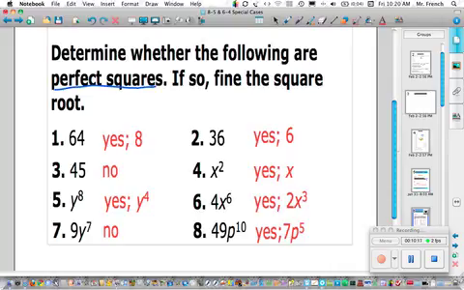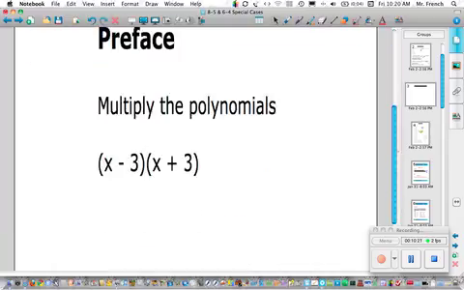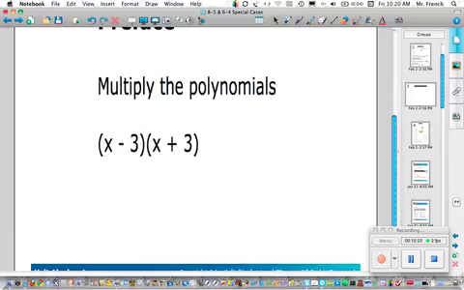Okay, going on. As a little preface activity, let's take this problem, and we're going to FOIL it. When we FOIL it, remember you multiply first times first, and you get your x squared. Then you multiply the x times the 3, and you get 3x.